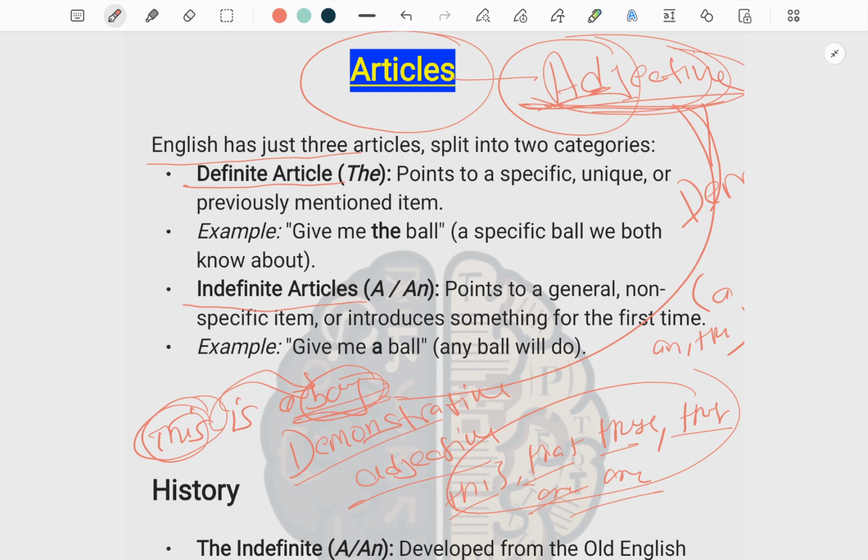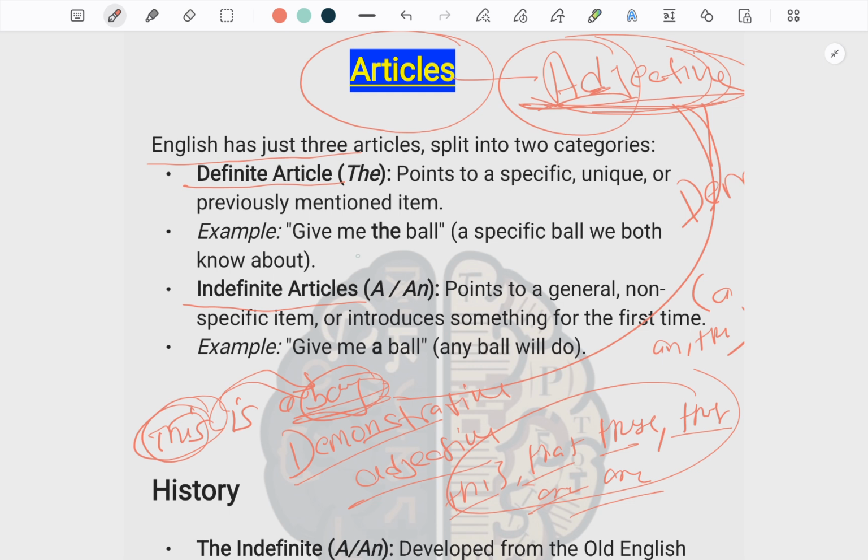When we talk about the definite article, the definite article points to a specific, unique, or previously mentioned item. It means that whenever we talk about the definite article, it has a fixed position.